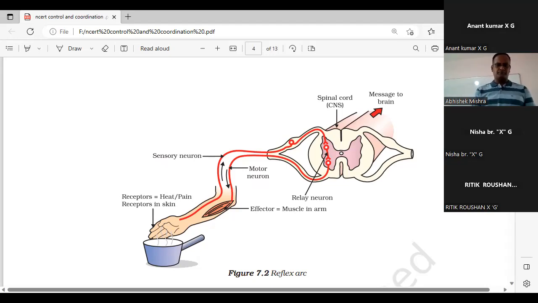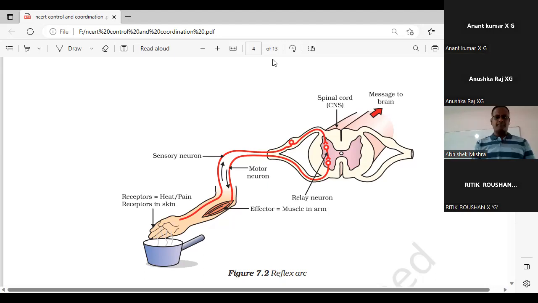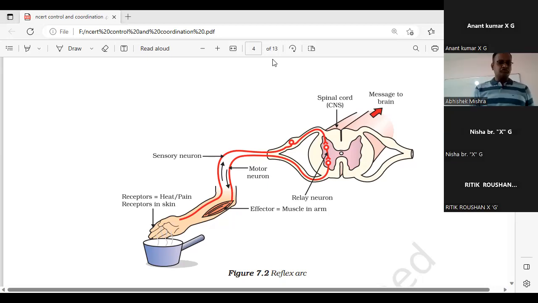Sir, the group of cells that detects stimuli are called receptors. Very good. Even Anushka has answered through the chat box. Many of the students have also answered through the chat box. Now, the receptors are the group of cells which detect the stimuli.